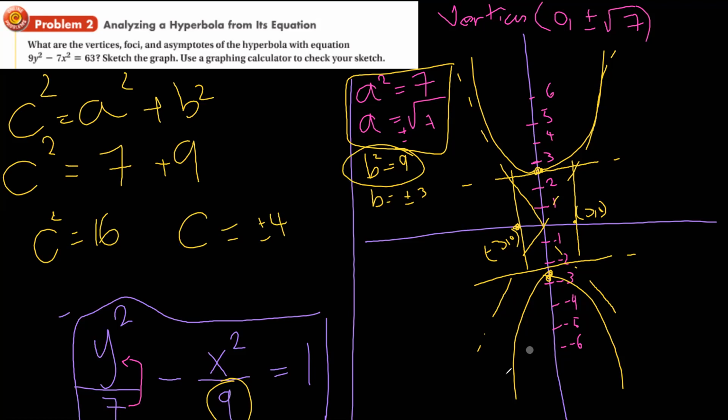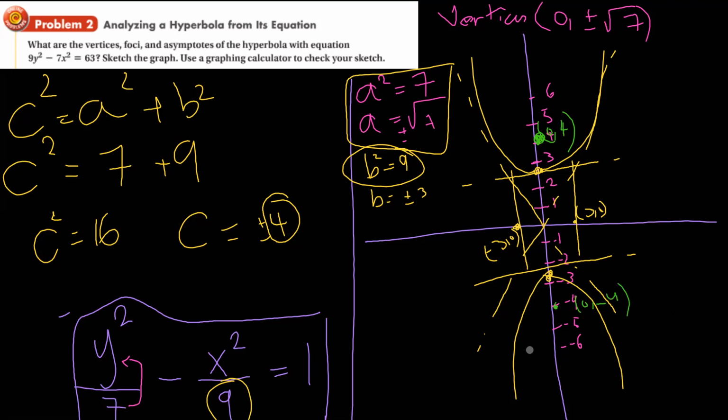Now, as you see, the value or magnitude of the focus C is greater than the vertices. And yes, it's correct. C here is 4. So because of that, here we have a focus inside the curve at 0, 4, and at 0, -4.